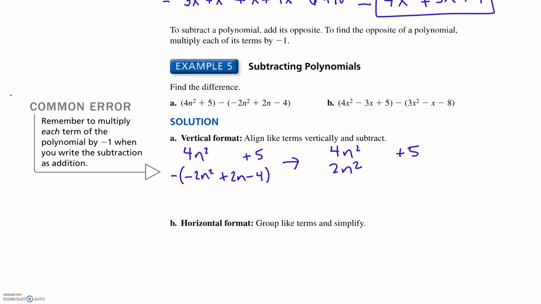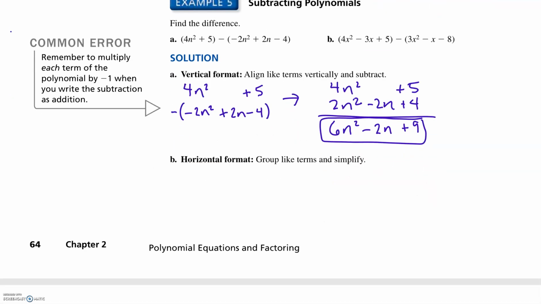And then the negative, when I distribute it to the 2n, and then the negative when I distribute it to the negative 4, and then we're going to add them up. Okay? So we change the signs and we add. 4n squared plus 2n squared is 6n squared. We have nothing to combine with the negative 2n. And then we have a plus 9, and we are done.